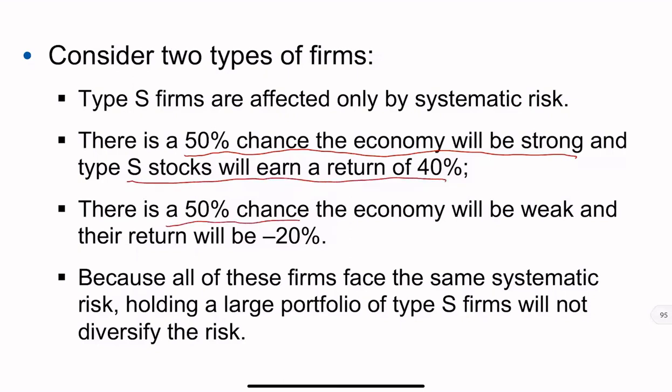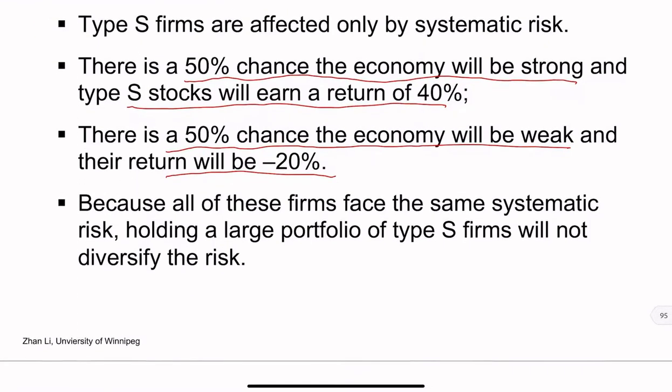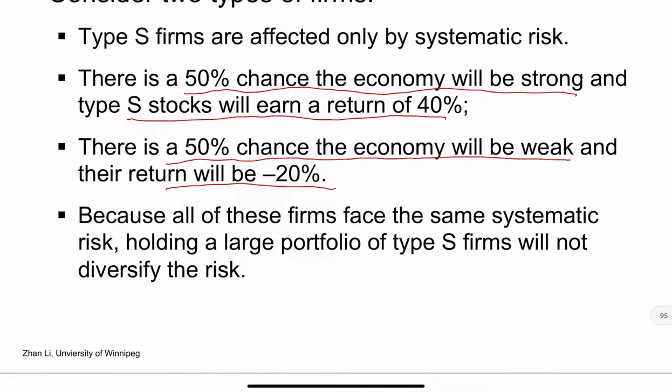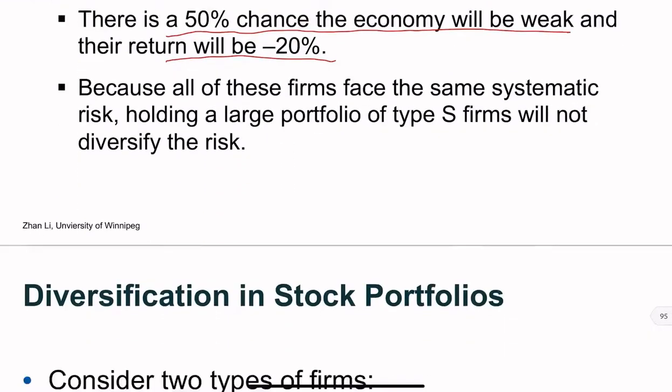With 50% chance the economy will be weak and the return will be minus 20%. Obviously, if you combine all these type S firms into a portfolio, because they only contain systematic risk, there is no diversification benefit, no matter how many S firms you add into your portfolio.